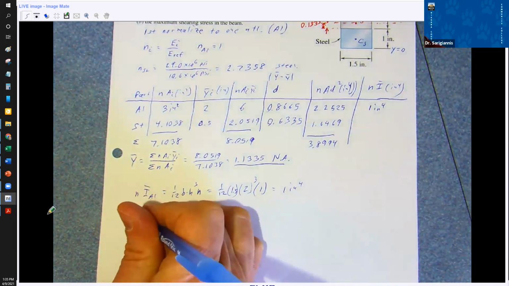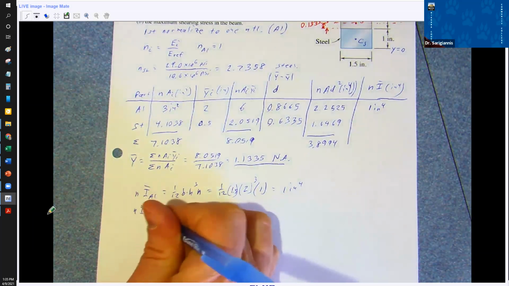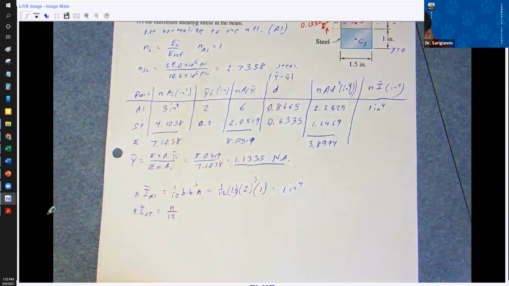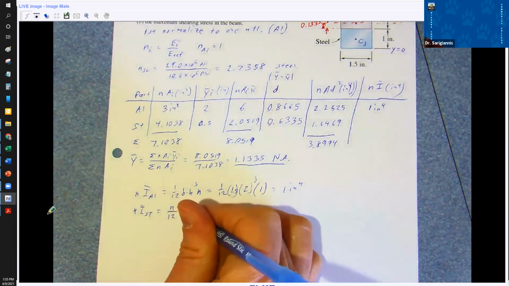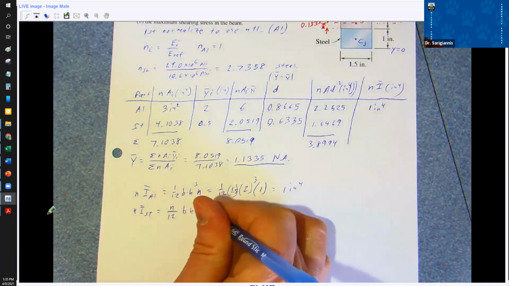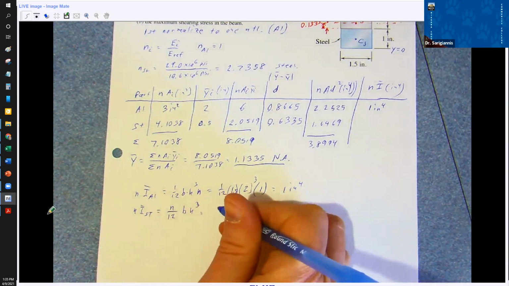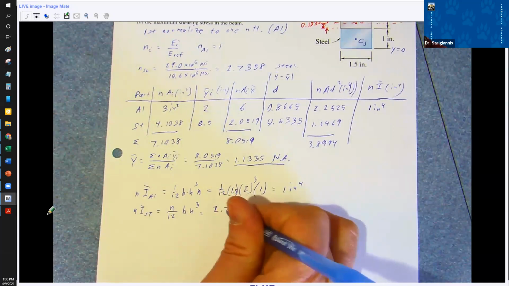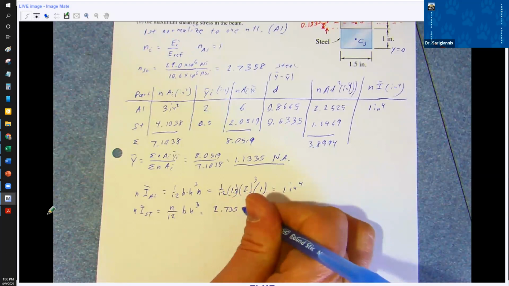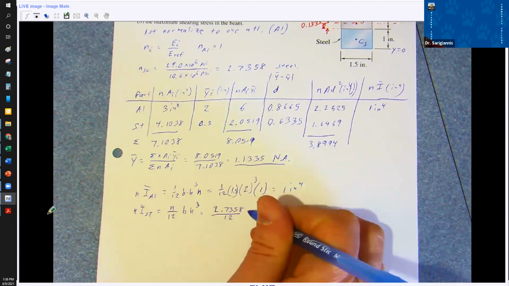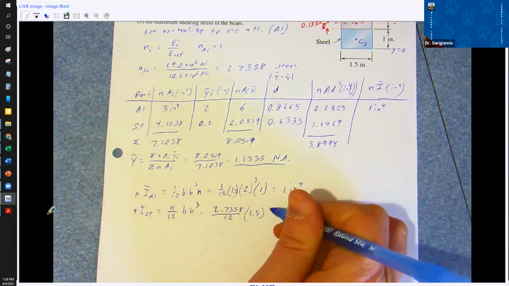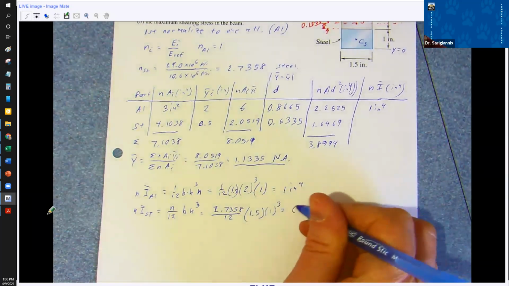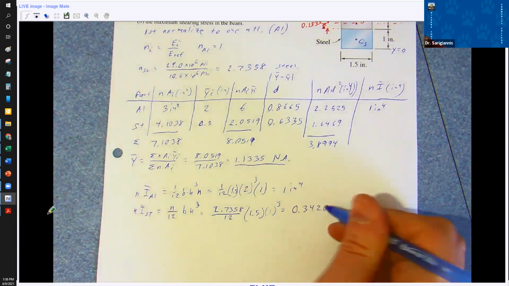For the steel, I'll put the N over here. We still have N over 12, base times height cubed. In this case N is 2.7358, divided by 12, times 1.5 times 1 cubed. And this gives us 0.3420.